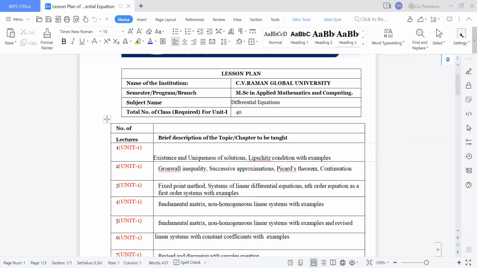So basically, for a linear differential equation, we consider dy by dx is equal to f of x, y, with condition y of x0 is equal to y0. This is a first order differential equation and इस इक्वेशन को सॉल्यूशन करने के लिए हम पिकार्ड्स मेथड यूज कर सकते हैं.